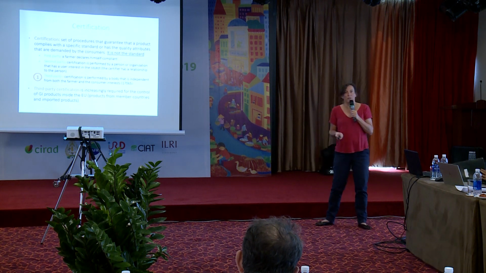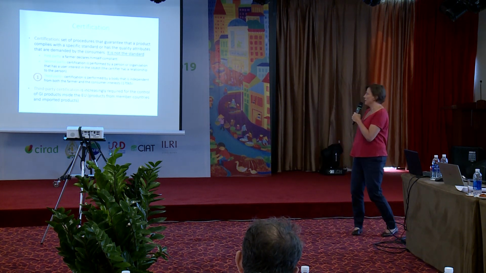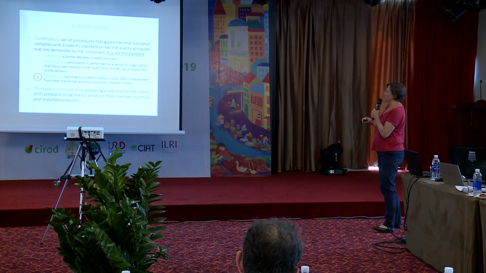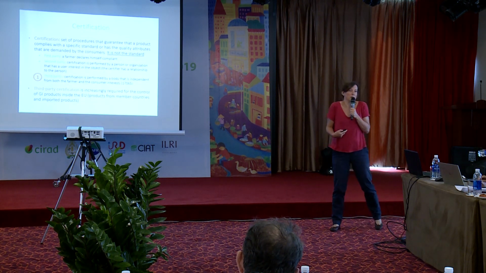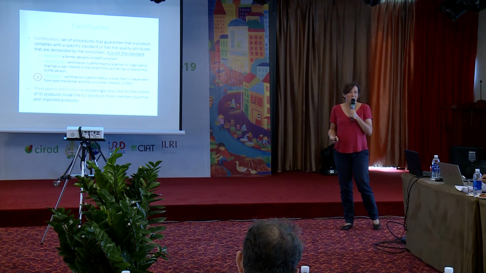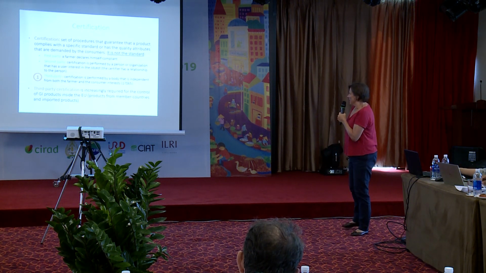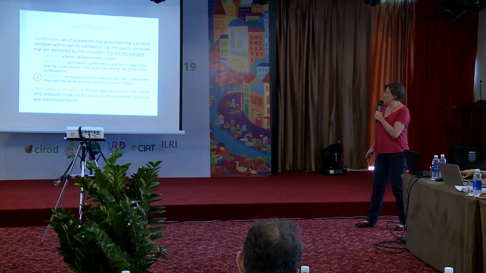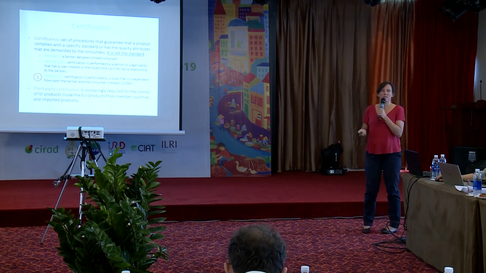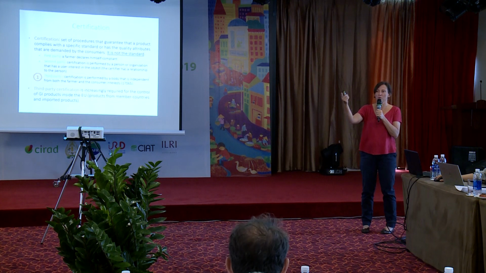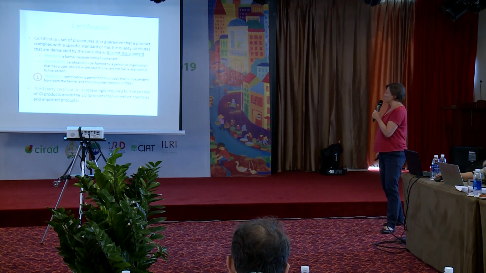It's not the standard. Many people think that certification is standard. It is not. We have different types of certification. First party is where the farmer says himself that he's compliant. There's an issue of credibility. Second party certification is performed by a person or organization that has a user interest. This could be with the cashew nut stakeholders, the users, doing the control.